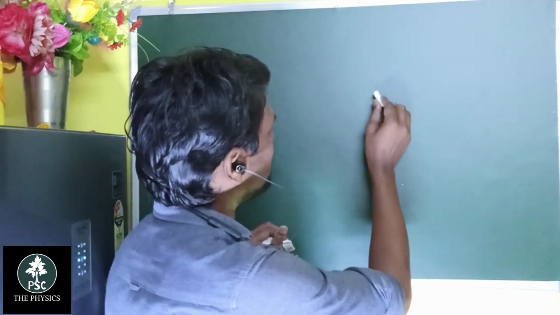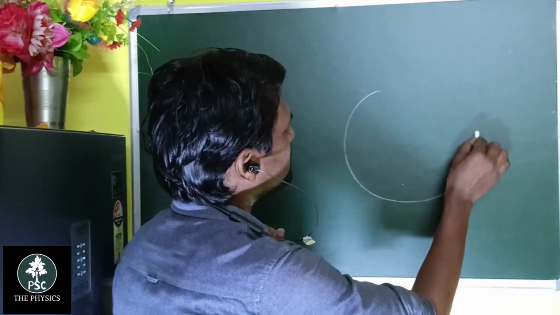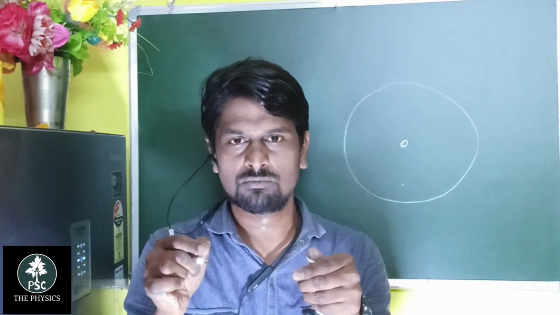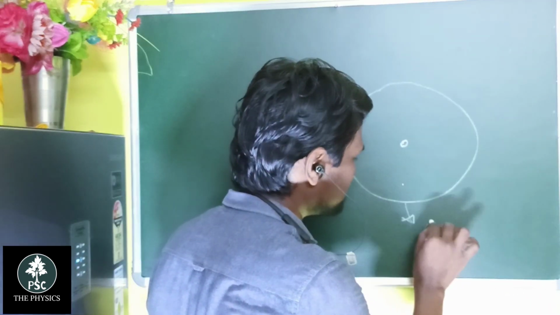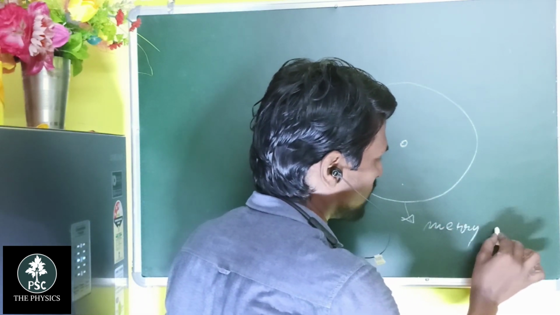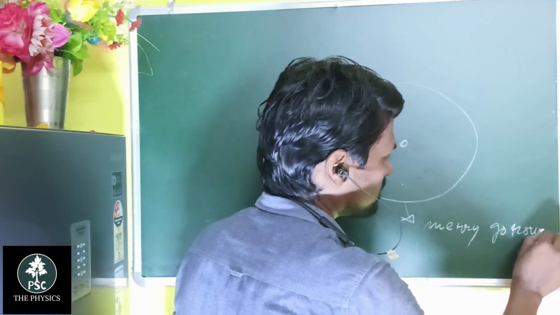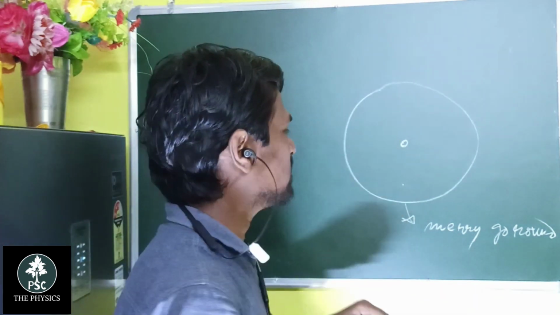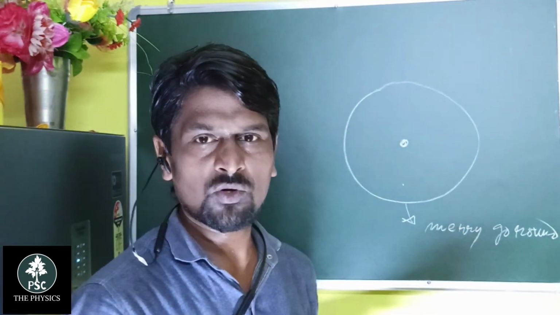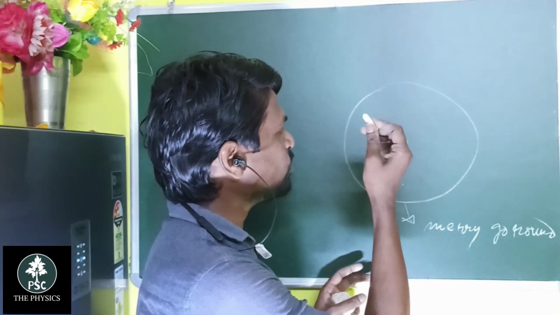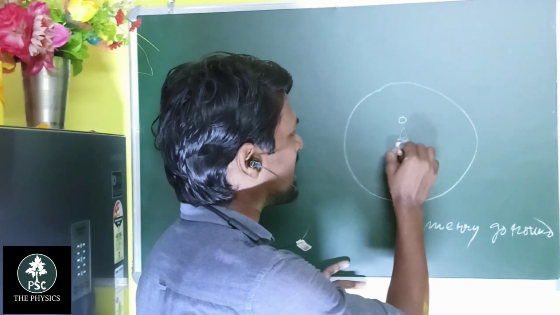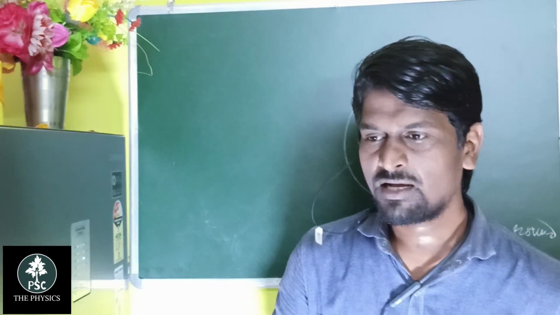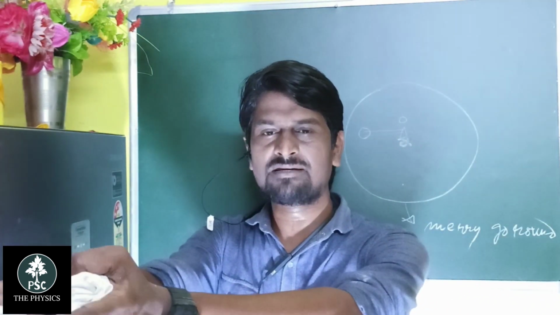Suppose this is the center of a metallic platform, a merry-go-round, or it may be a giant wheel. So a merry-go-round is a metallic platform and you are standing at the center, stretching your hand and holding a ball like that.